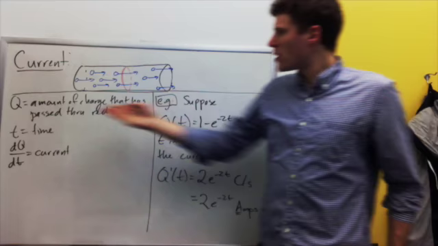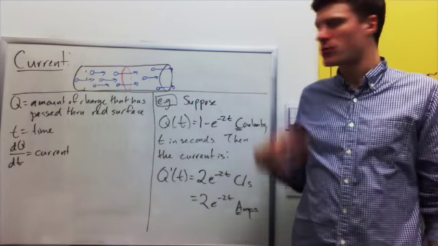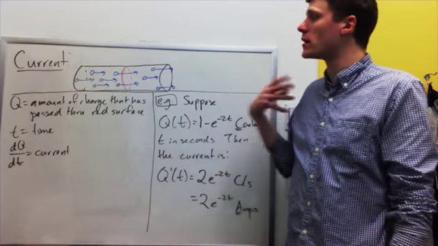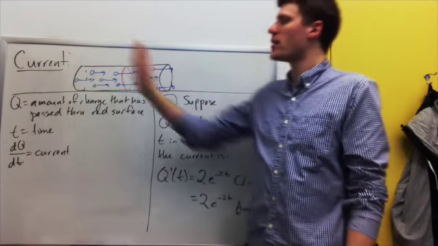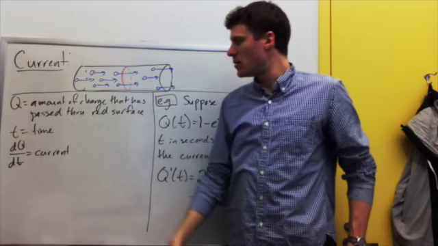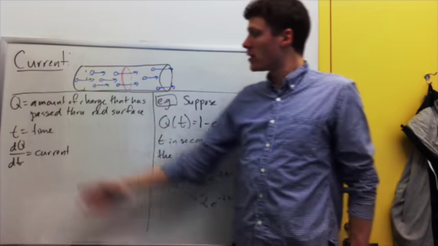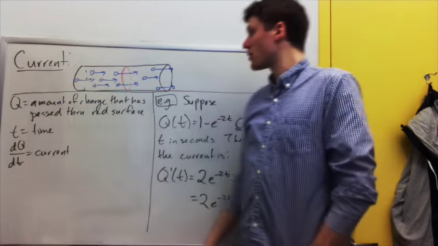So let Q be the amount of charge that has passed through the red surface up to a particular time t. So we know how much charge has moved through the wire with respect to time. And let t be time. Then the rate of change of charge is dQ/dt, which is the current.